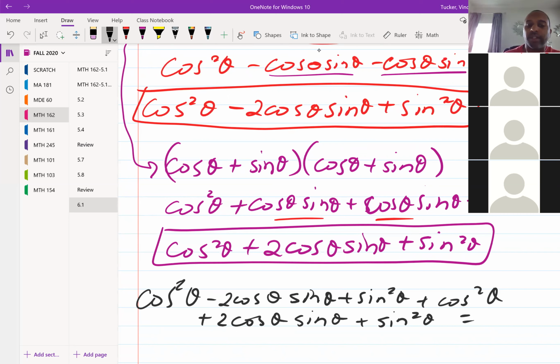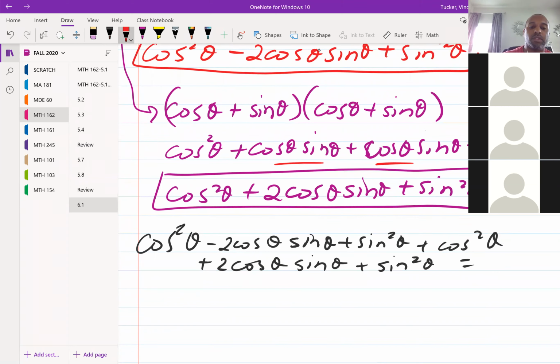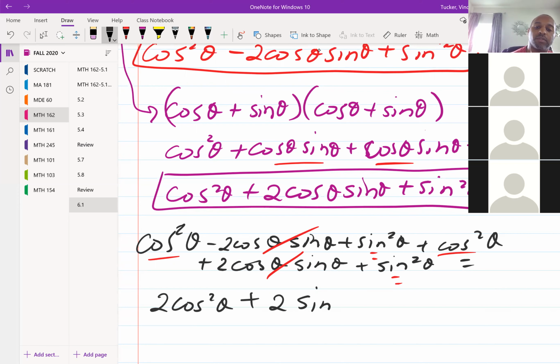Of course, I ran out of room on that right side, so I brought it down to the bottom. So we can combine our like terms. We've got cosine squared plus cosine squared, that's 2 cosine squared. Then we have negative cosine sine plus negative 2 cosine sine, then positive 2 cosine sine. And then we have sine squared plus sine squared, that's 2 sine squared.